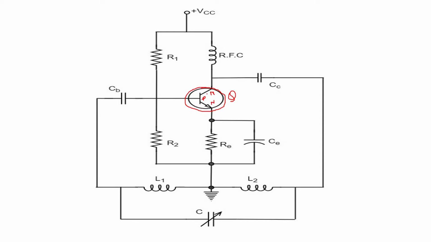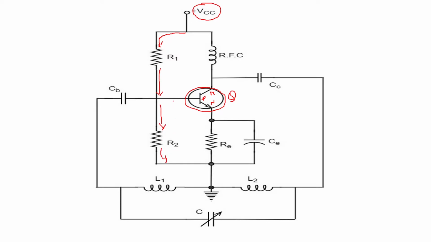Now, to this NPN transistor, we have made a configuration of an amplifier. As we have seen circuits for the RC coupled amplifier, the same type of combination we have made. So here you can see the VCC supply, plus VCC, is given. That VCC supply will make a current flow through the R1 resistor and R2 resistor.